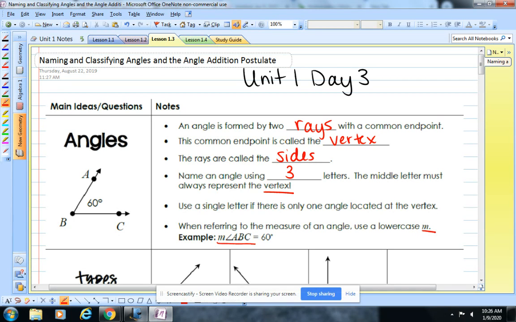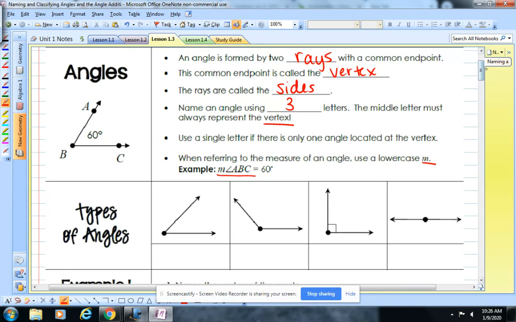All right. There are 4 types of angles based on measurements. Y'all know what they are by looking at these pictures? Acute, obtuse, right, and straight. Very good. So this one right here would be acute.